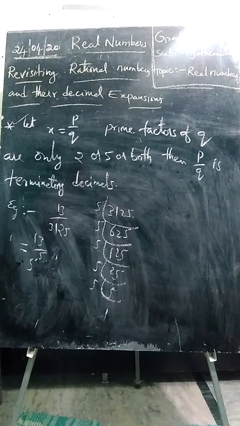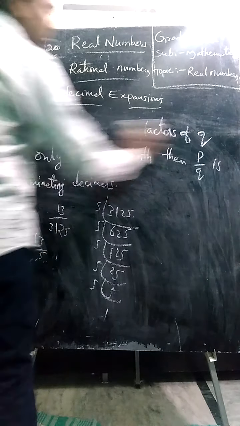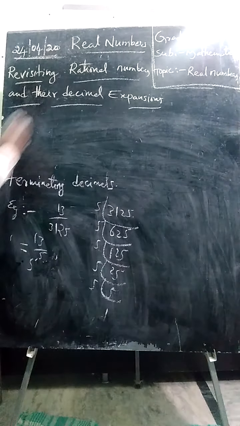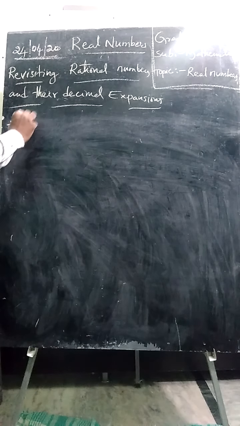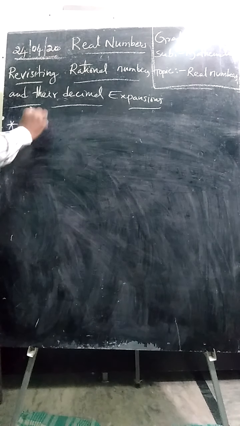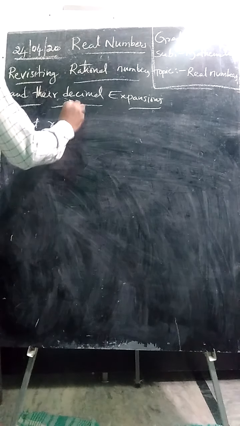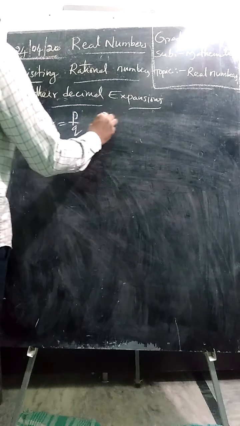Let us discuss non-terminating repeating decimals. That is nothing but a rational number. See students, we can write rational numbers in decimal form in only two ways: terminating decimals or non-terminating repeating decimals. Non-terminating, non-repeating decimals are not rational, they are irrational numbers. So, let x equal p by q be a rational number.